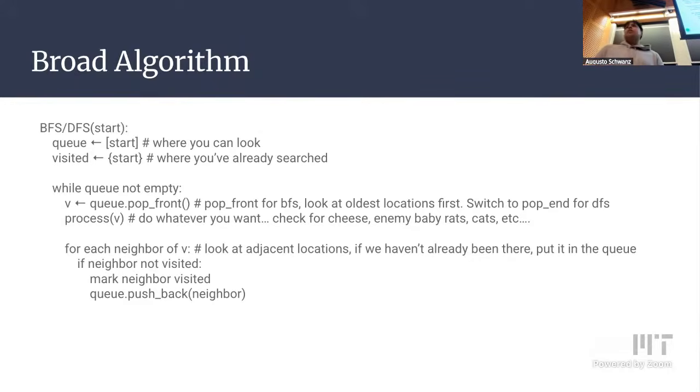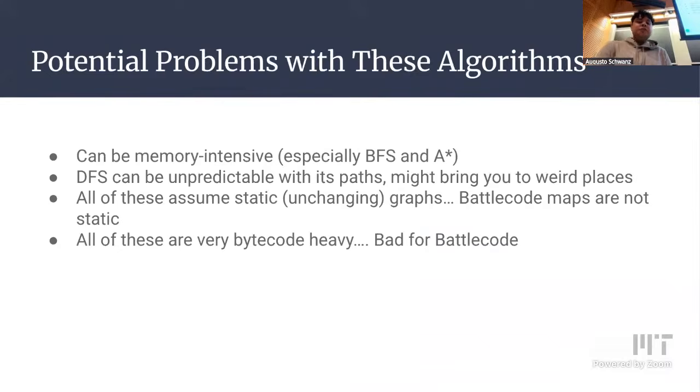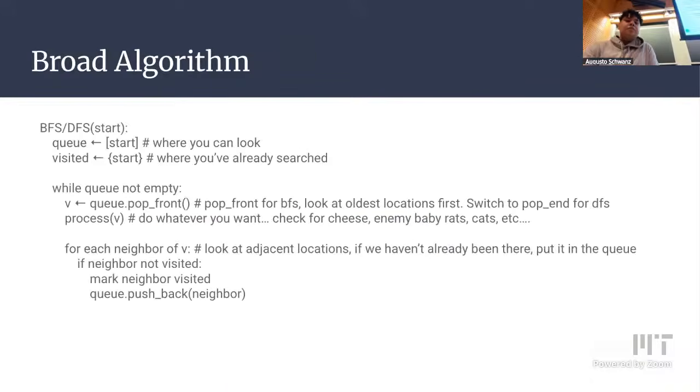Any other potential problems? Well, let's talk about a few more. They can also be very memory intensive. Going back to our algorithm here, you have to keep track of a queue, so all the places you want to go, and you have to keep track of a visited set, which can get pretty big if you're doing a lot of movement.